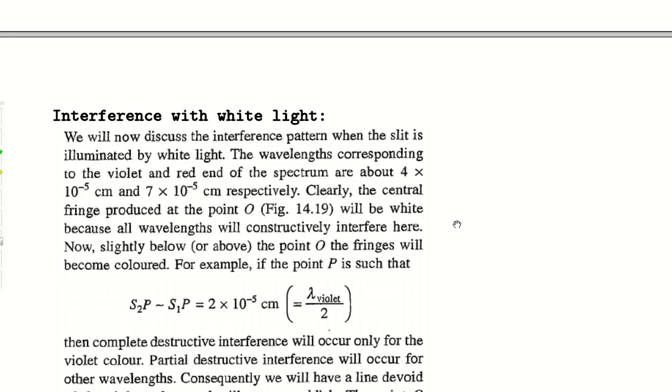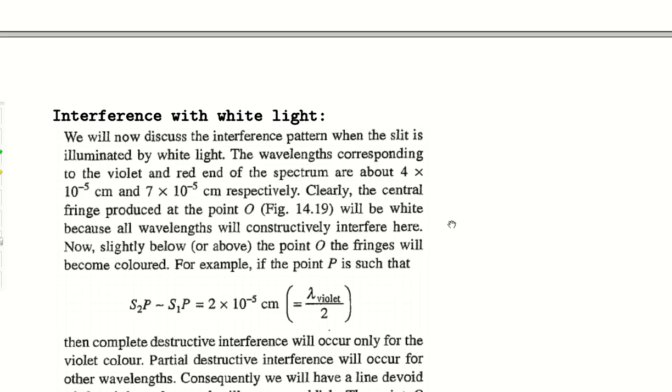The path difference for each of the colors will be 0, and 0 path difference means an even multiple of lambda by 2, which means the maxima condition. So the central fringe will be bright and white as you have used white light as your interfering light.